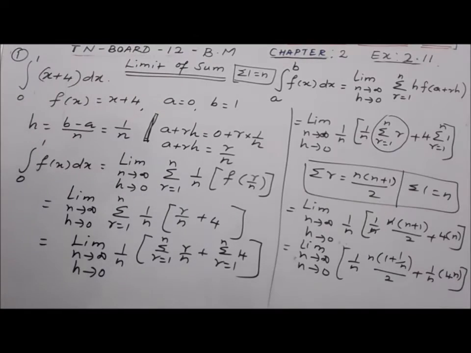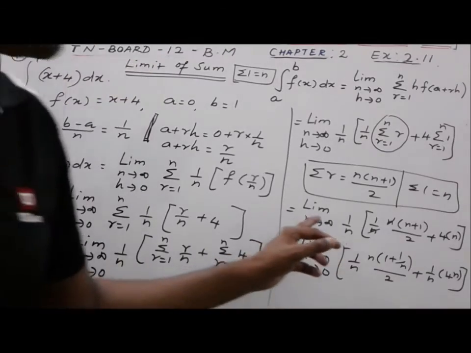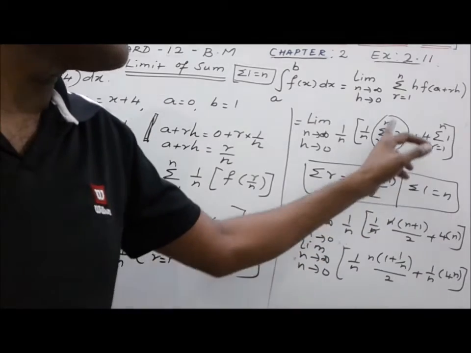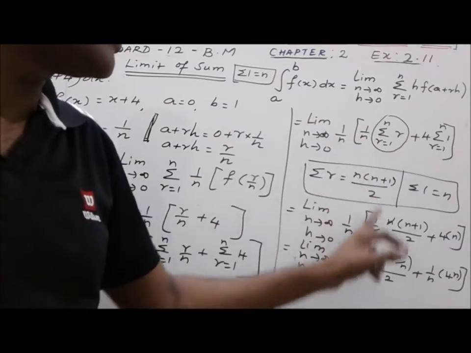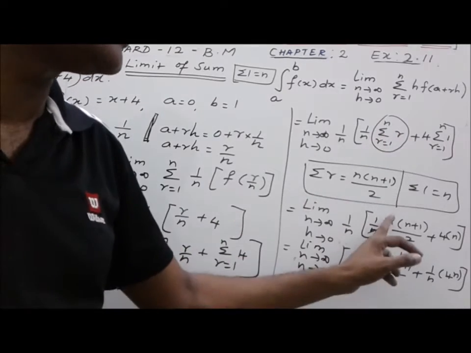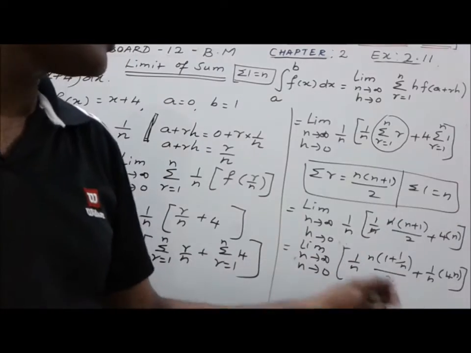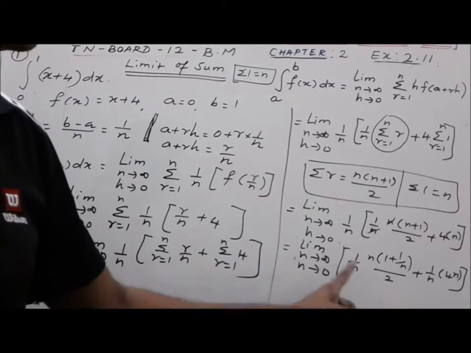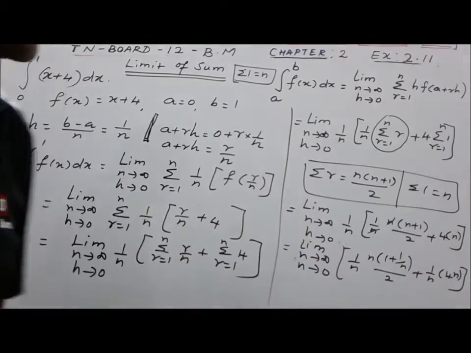Are you clear now? Listen carefully. Here, just substituting the sum of r equal to n into n plus 1 in this place. 1 by n is here, one more 1 by n is here, and the sum of r is n into n plus 1 by 2, plus sum of 1 is n. Now cancelling these two n, again multiplying 1 by n inside, 1 by n into, and removing n from the numerator.